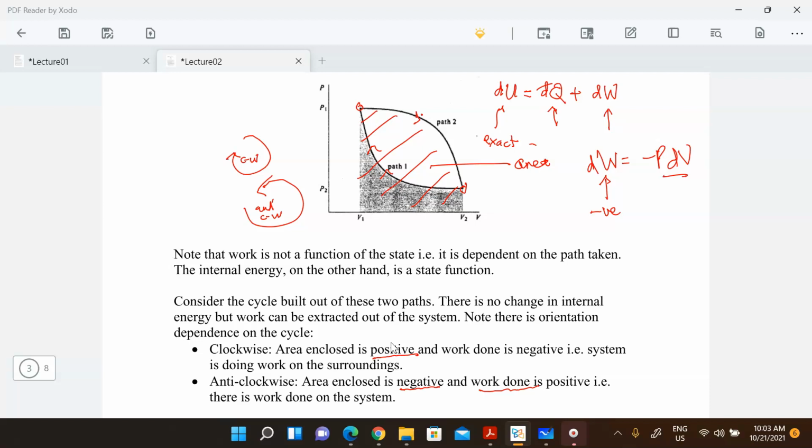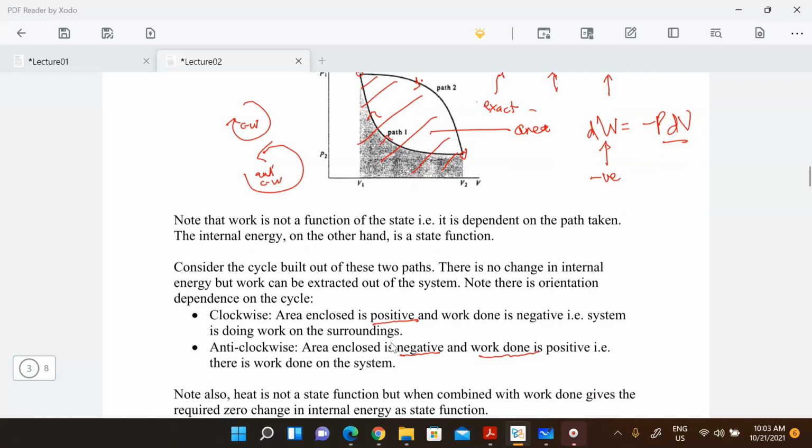So what does it mean by work done on the surroundings and work done on the system? Well, work done on the surroundings means it loses energy, in terms of heat, for example. Work done on the system means the system gains energy, the heat energy.